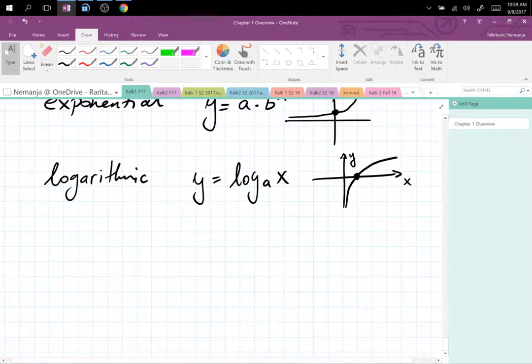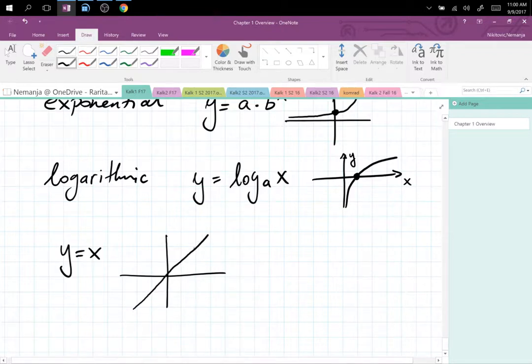Every function that originally is above x-axis is going to be itself. If it dips below x-axis, it's going to be different. So let's say y equal x is a 45-degree line through origin.